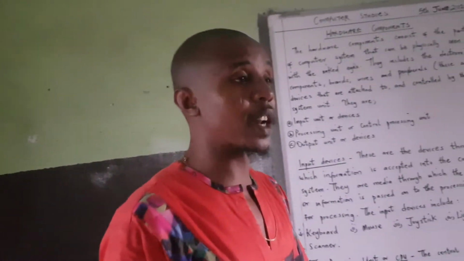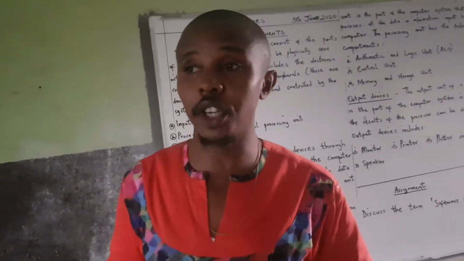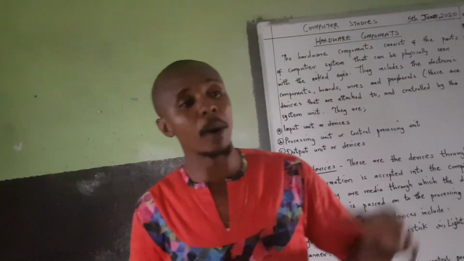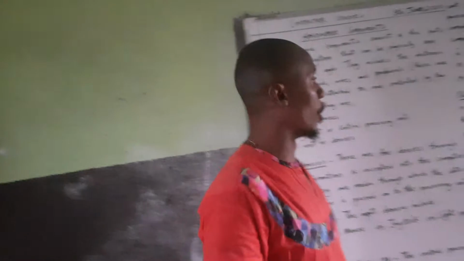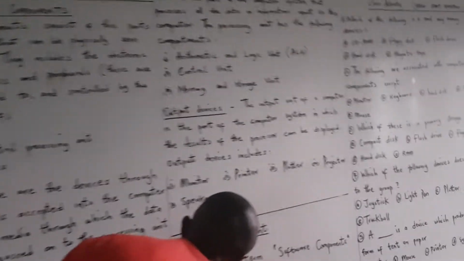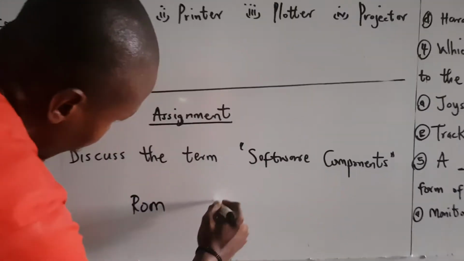These items displayed here are all secondary storage, because your storage units are divided into two types, which is the primary storage and the what? Secondary storage. Under the primary storage, we have the ROM and we have the RAM.